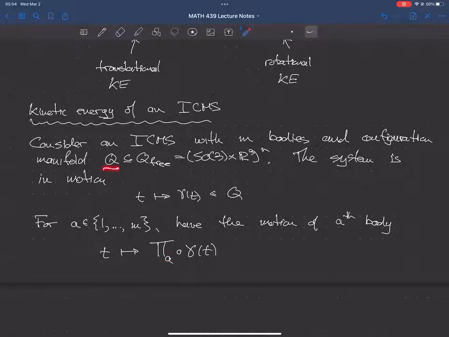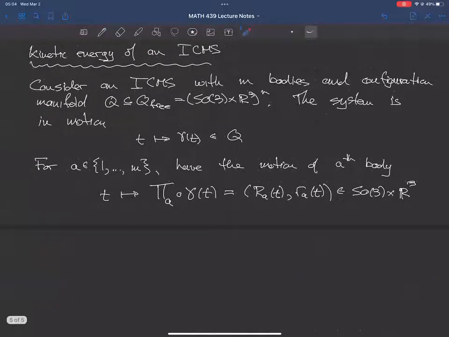The forward kinematic map is a very simple thing. You take a point in Q, which is also a point in Q free, and so it's a product of things like this, and you project it onto the Ath component of that product. So this is going to look like R A of t, little r A of t, and of course that's in SO3 cross R3.